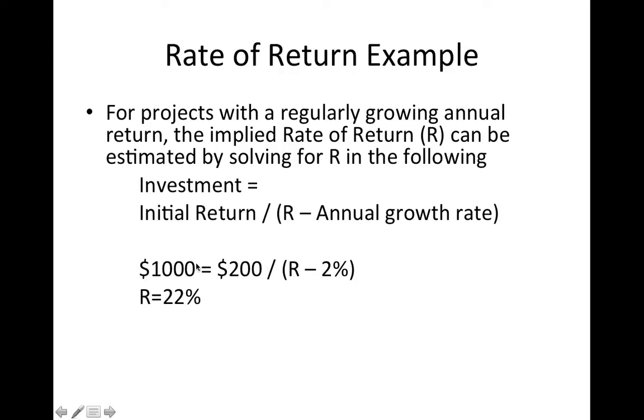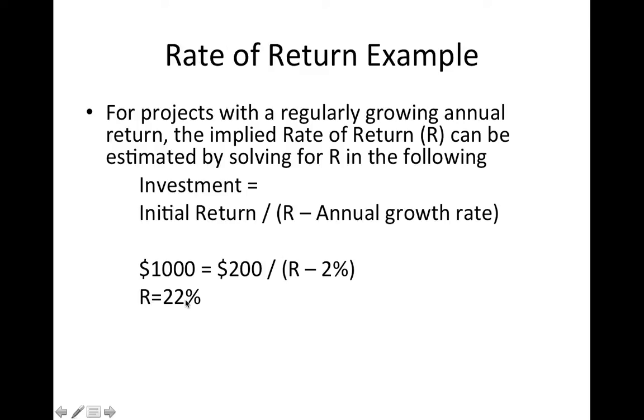And of course, we would just use the value of a growing perpetuity approach to this, saying that the $1,000 you invested is equal to $200 each year divided by whatever the rate of return is minus 2%. You would solve that out.